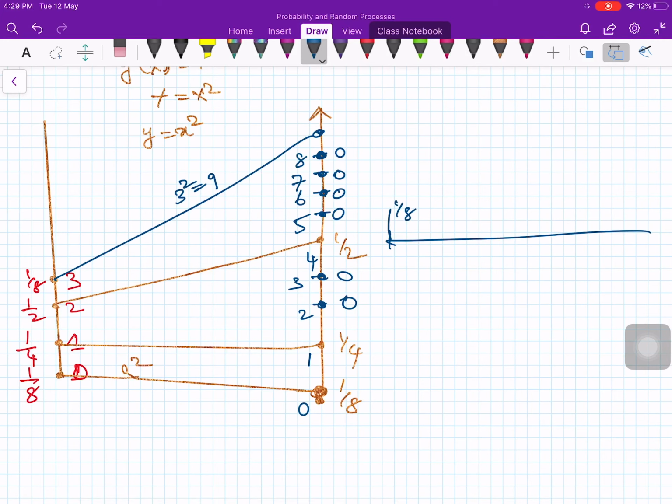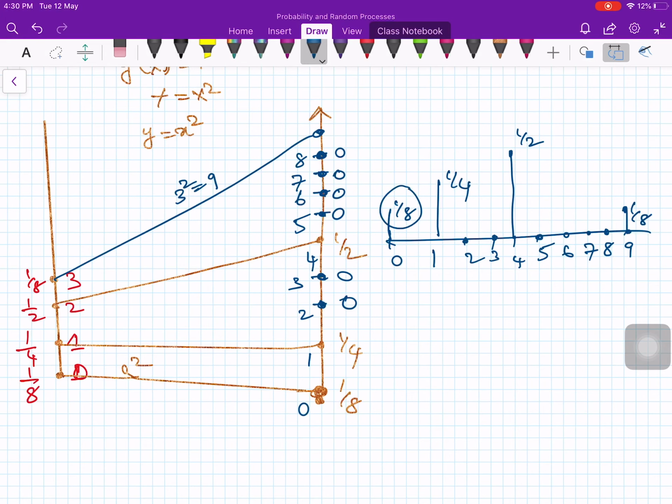So 1/8 when x equal to 0, 1/4 for 1, for 2 it is 0, for 3 it is 0, for 4 it is 1/2, for 5, 6, 7, 8 it is 0, and for 9 it is again 1/8.